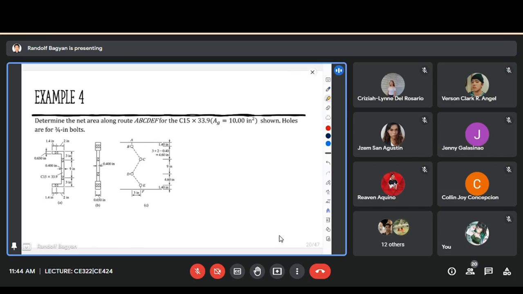So 19 plus 2 plus 2. Then the hole diameter natin is, diameter of hole, 3/4 inch is 19 mm plus 2 plus 2 or 23 mm. Our gross area is 10 square inches or in square millimeter, that is equal to what?